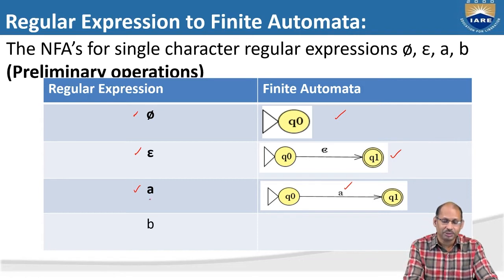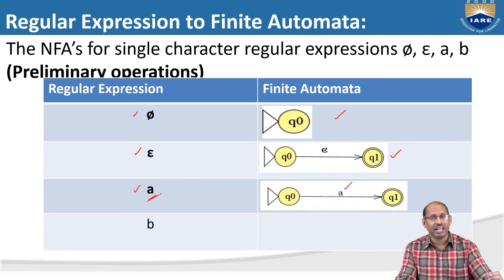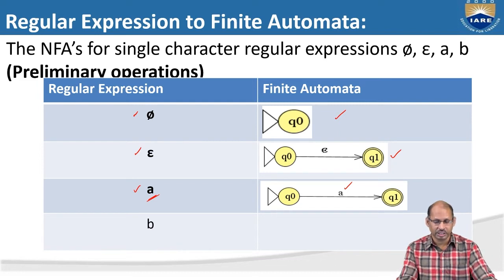What does the regular expression A represent? A is a regular expression for the regular language, or regular set, which has the symbol A. So the finite automaton is Q0 on A goes to Q1.